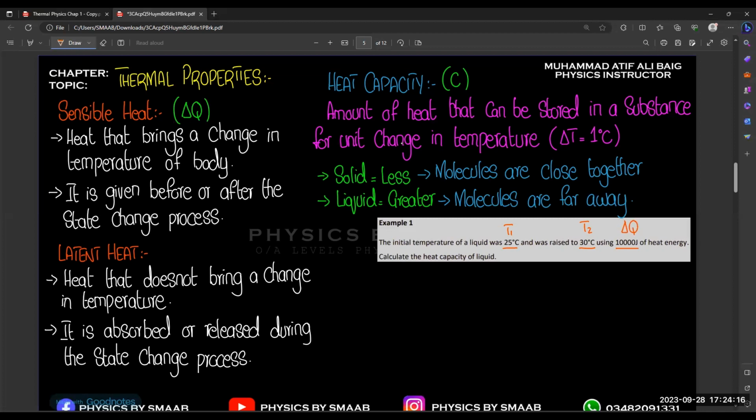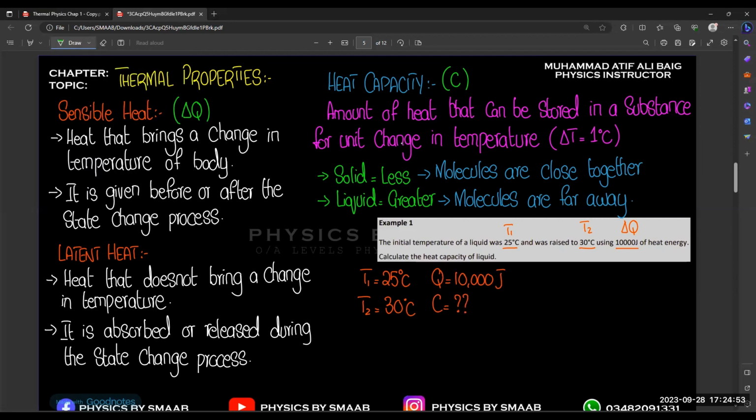And calculate the heat capacity of the liquid. So you know that the values are given. T1 is given, T2 is given, and further Q is given, and you have to find C. C is unknown, right?